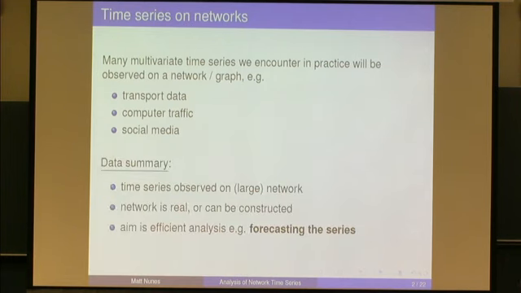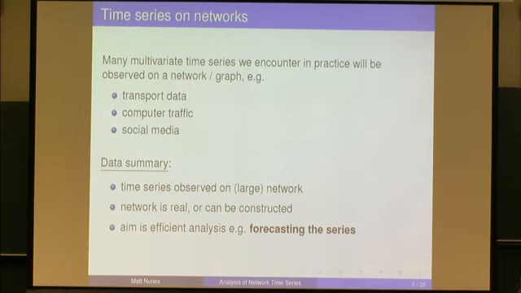So the type of data I'll be talking about today, as a summary, is time series observed on the network, and typically we're talking about large networks. And this point is slightly different here. So a network can have a natural network associated to it, whether it's physical, like the transport data, or can be constructed.